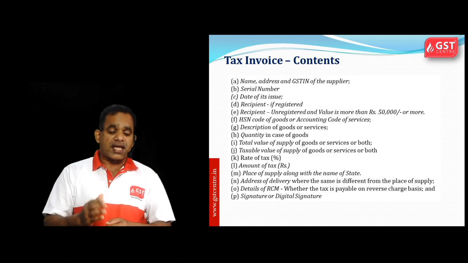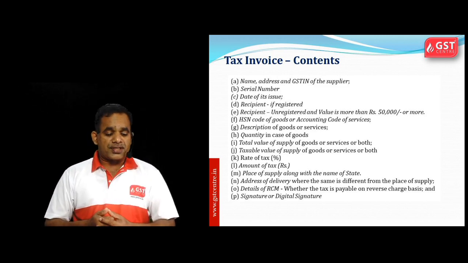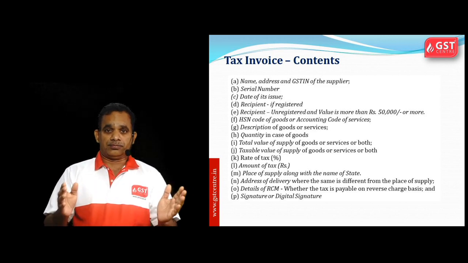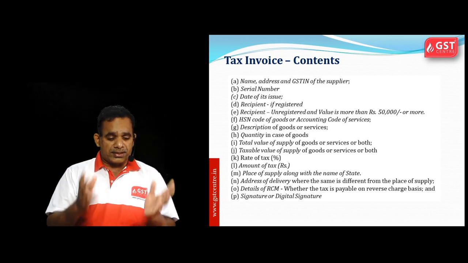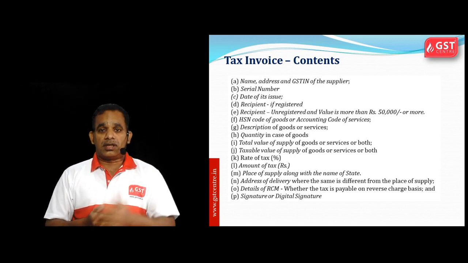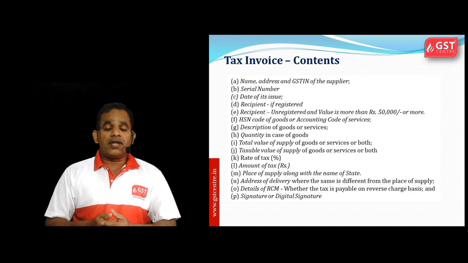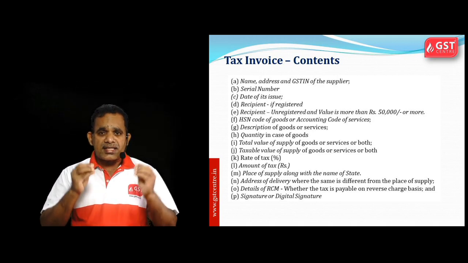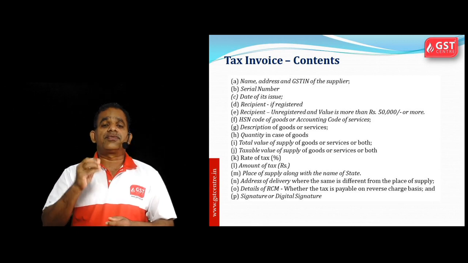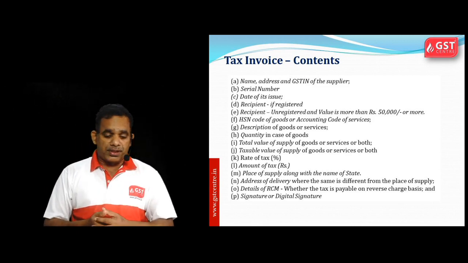Name, address and GST number of the supplier, serial number of the invoice, date of its issue, recipient name if he is registered, and all other details like the GST number, place of business, address, etc. Then if there is an unregistered buyer and the value is more than 50,000, then details should be there, of course.